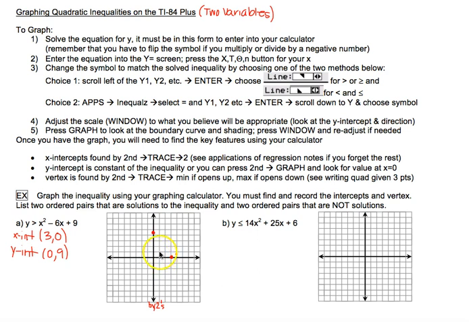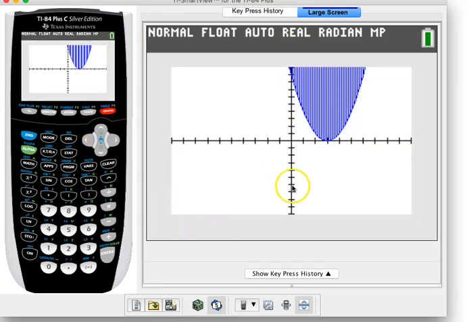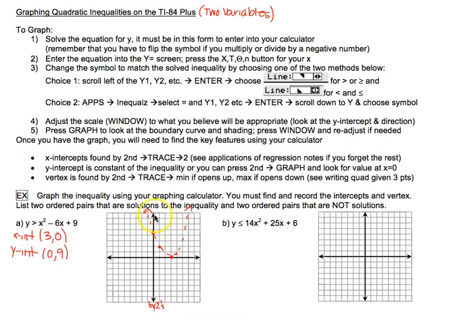So 1, 2, 4, 4, 1. And I'm going to connect then a parabola shape using a dashed boundary. And the calculator has told us on the graph, and if you'd forgotten, you can look back, that the shading in this case should go on the inside.